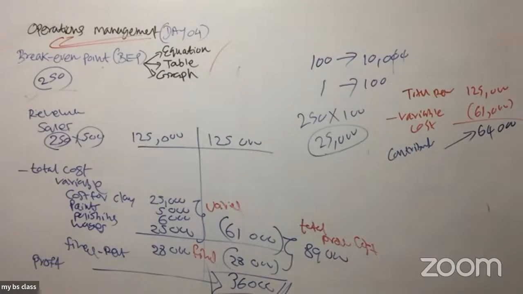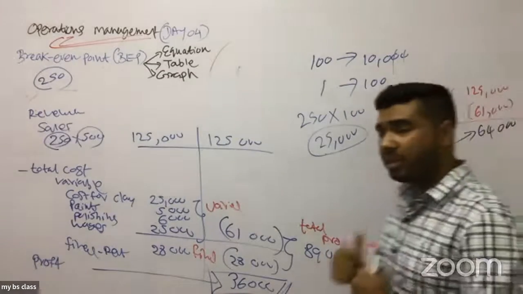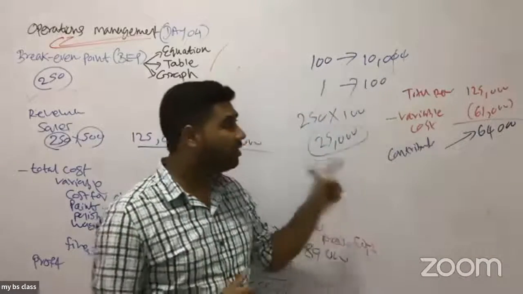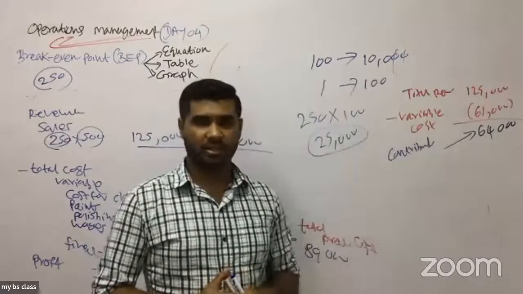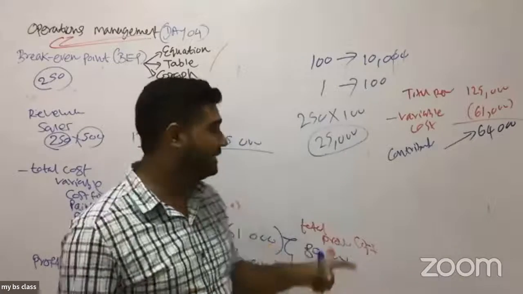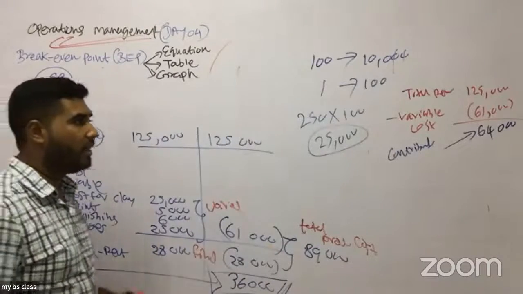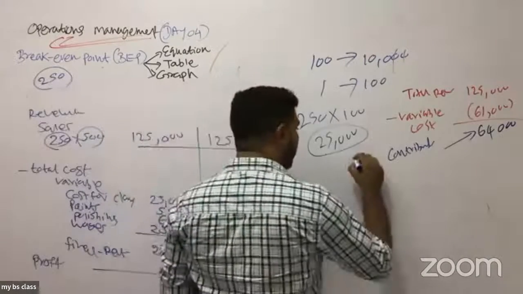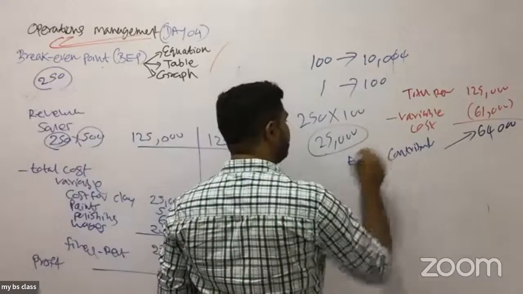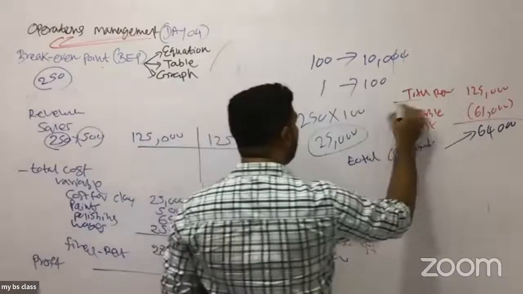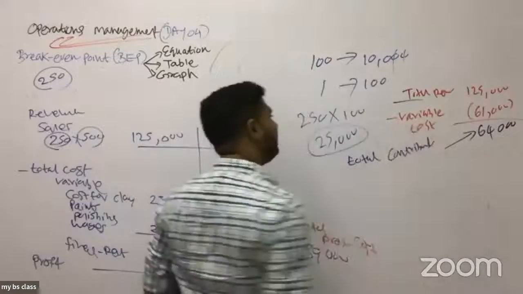So how do we calculate the contribution? From the total revenue we deduct only the variable cost, whereas we do not consider fixed cost. We call this the total contribution.